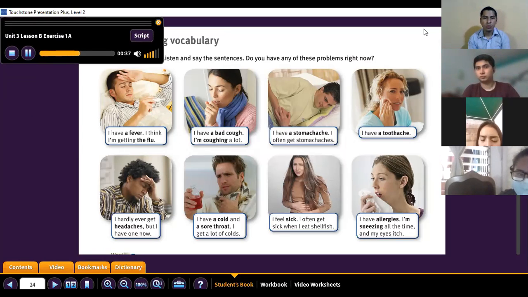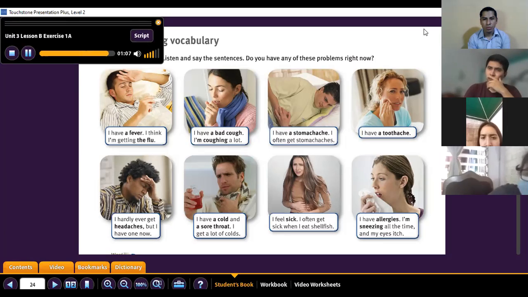I often get stomach aches. I have a toothache. I hardly ever get headaches, but I have one now. I have a cold and a sore throat. I get a lot of colds. I feel sick. I often get sick when I eat shellfish. I have allergies. I'm sneezing all the time and my eyes itch. Achoo!